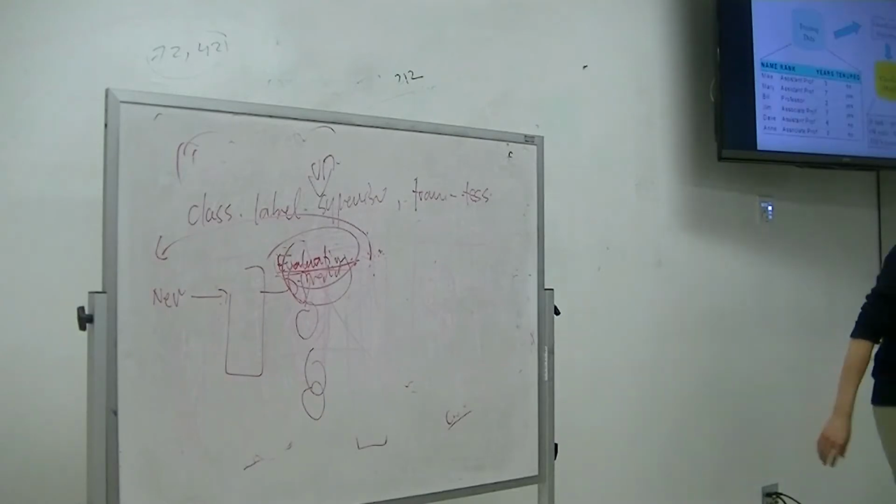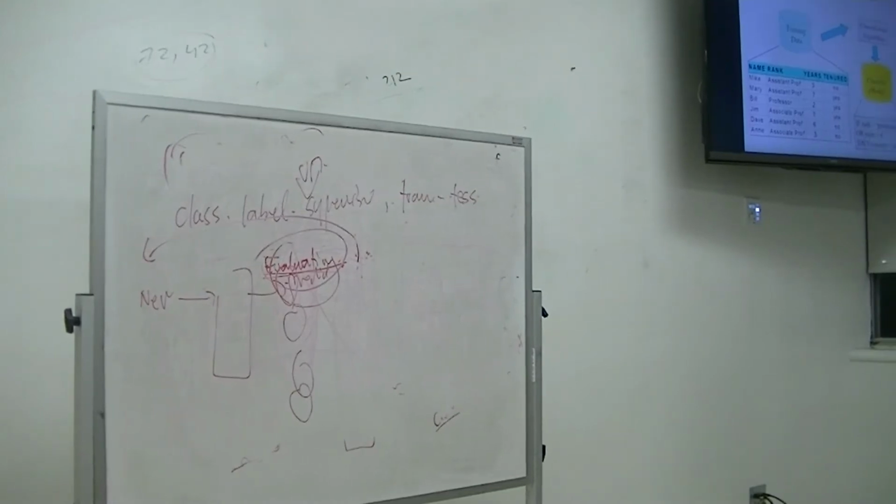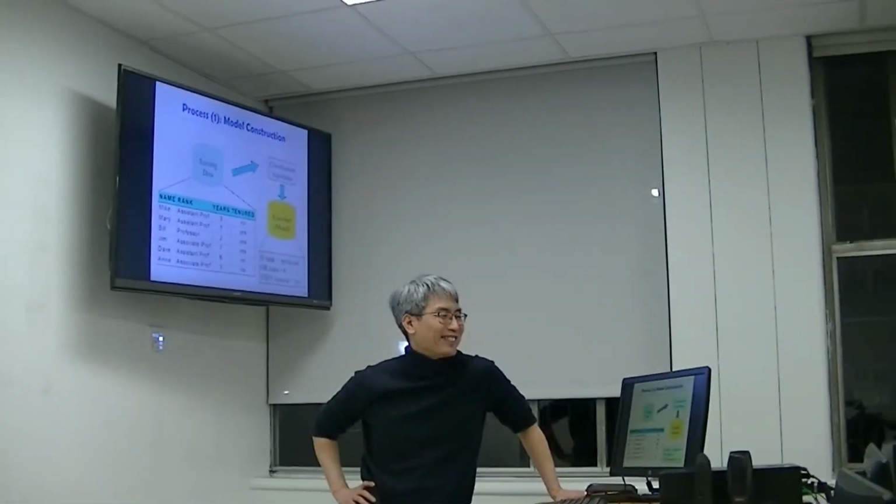This is an example of the data. I don't like this data set, but this is a data set for tenured or non-tenured faculty. Tenure is very important for the faculty. Tenure means there's no retirement.